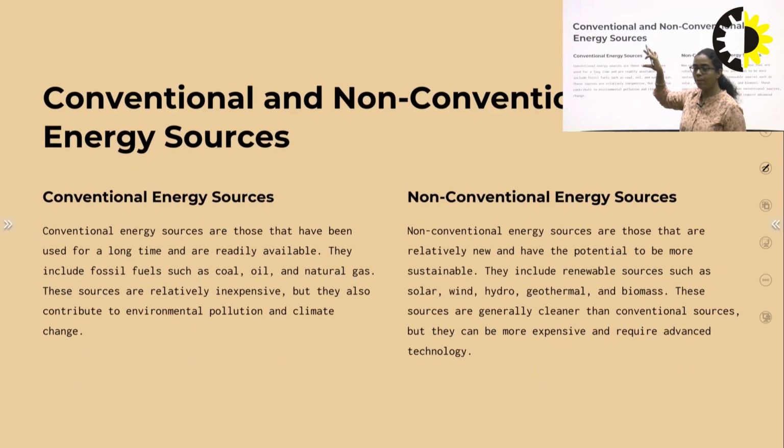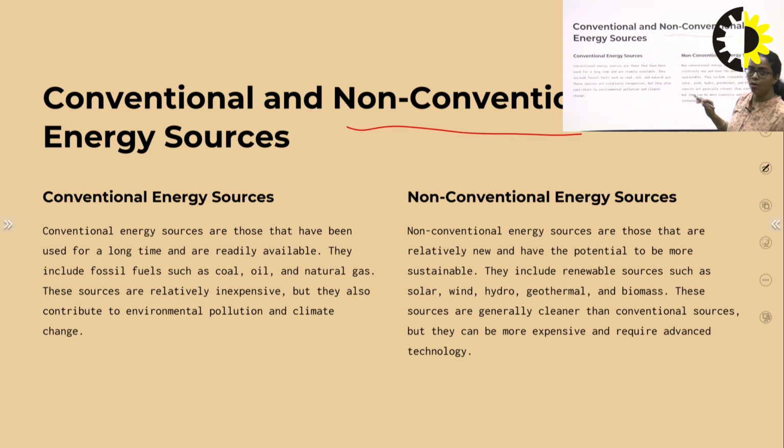Before going through the power plants, we have to have a little knowledge of what conventional energy sources are and what non-conventional energy sources are. Conventional energy sources are those that have been used for a long time and are readily available. They include fossil fuels such as coal, oil and natural gases. These sources are relatively inexpensive, but they also contribute to environmental pollution and climate change.